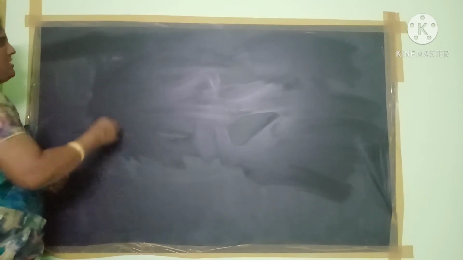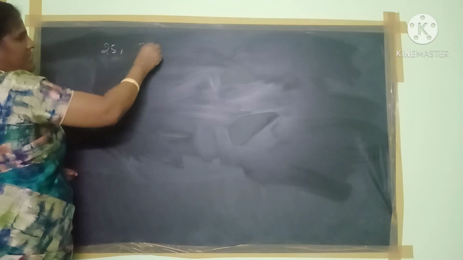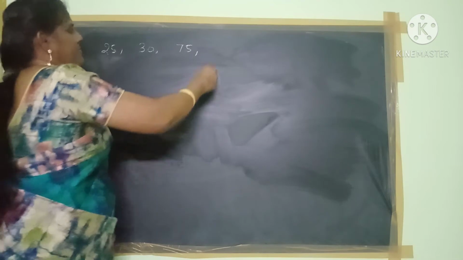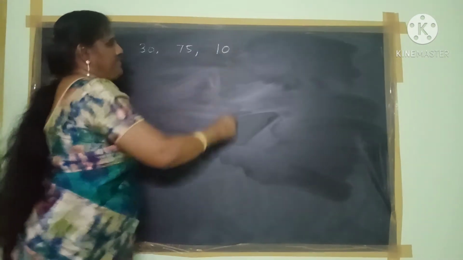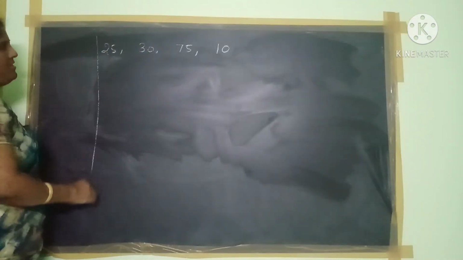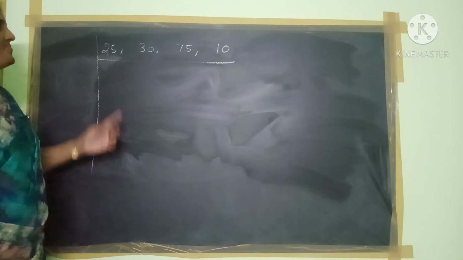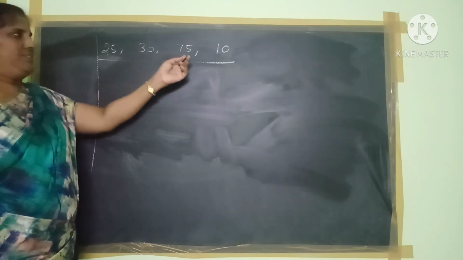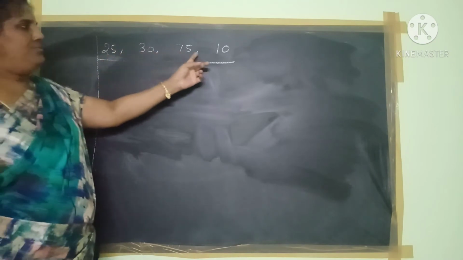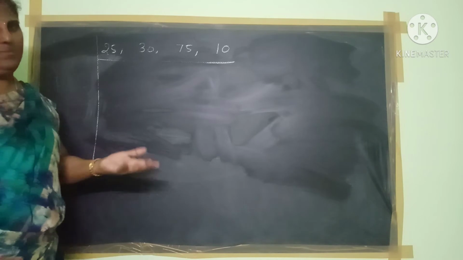Find out the LCM and HCF. How to find it? Just take 25, 30, 75 and 10. If they are given like that, first of all, put the common divisor like this. 25, 30, 75, 10: just see, all the numbers are ending with 5 or 0, so they can be divisible by the 5 table.